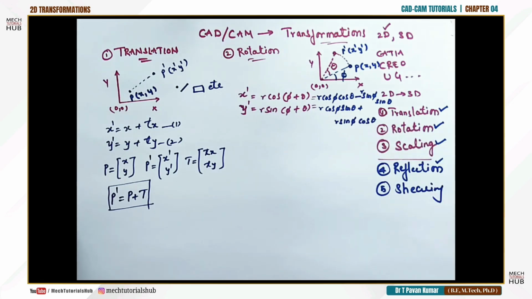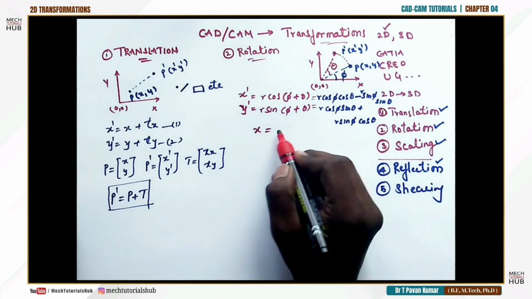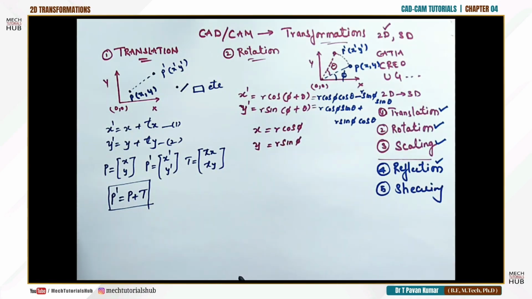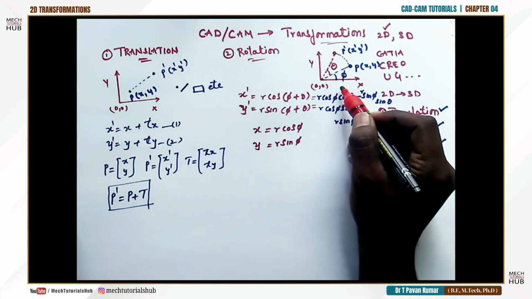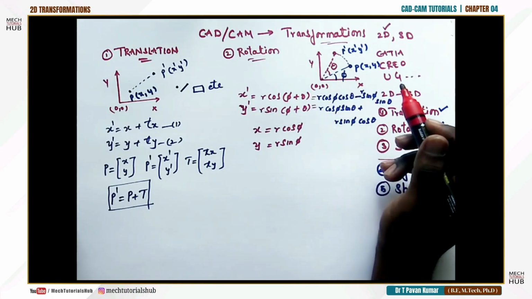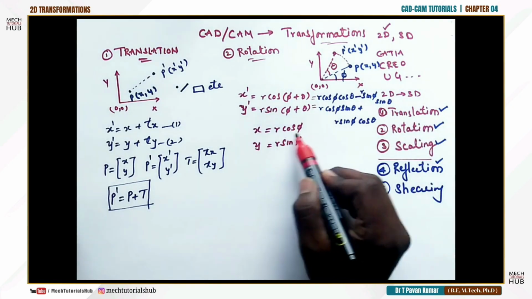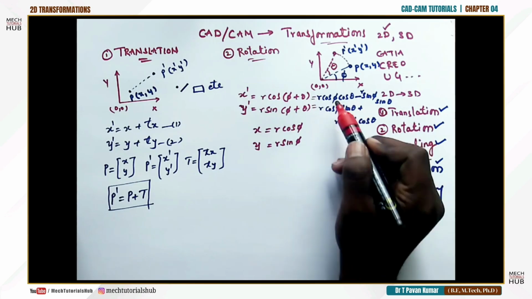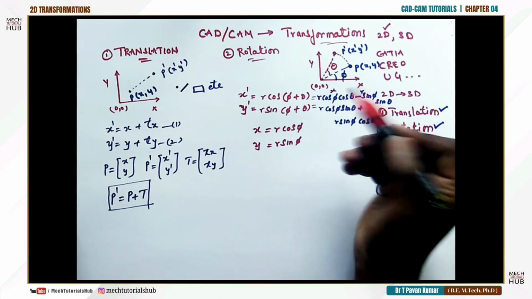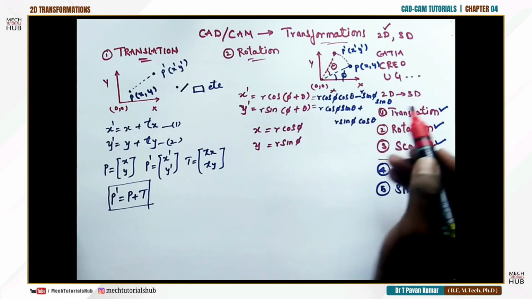Now x is equal to r cos phi and y is equal to r sin phi. Okay, x is equal to r cos phi, y is equal to r sin phi. You can write this for this particular angle, which are polar coordinates. If r cos phi is x, now you can consider r sin phi as y.